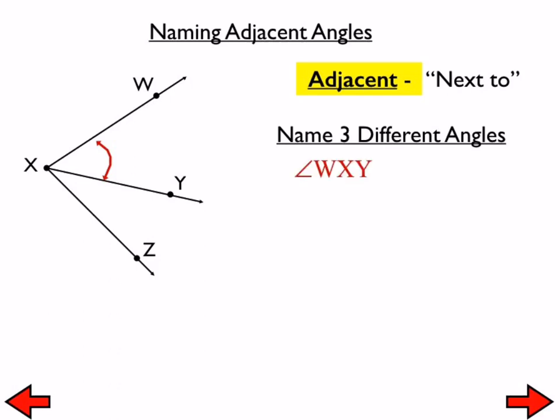Now we could, of course, reverse the letters, and that would be okay. Angle YXW. So in other words, either direction, this direction or this direction. So we're talking about that angle right there right now. Another angle in this picture is that one, which would be angle YXZ, or the reverse of that, angle ZXY.